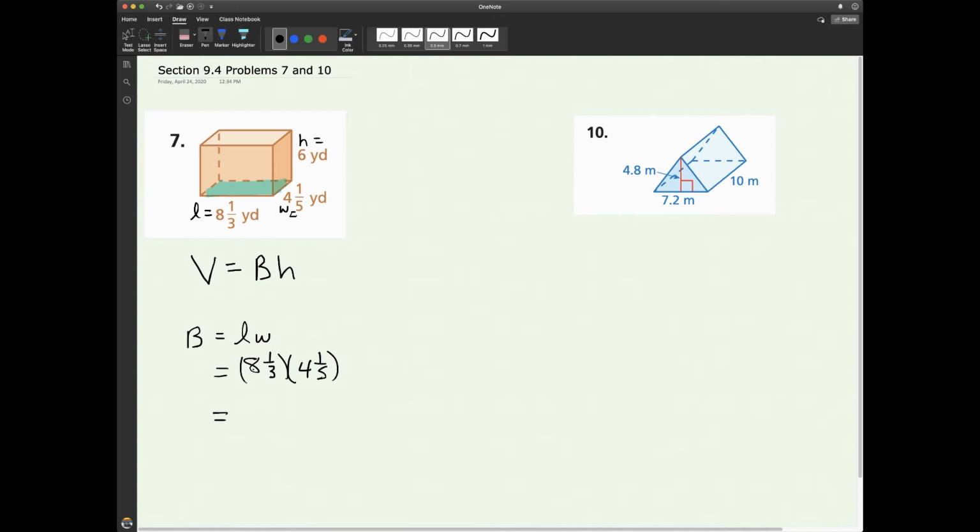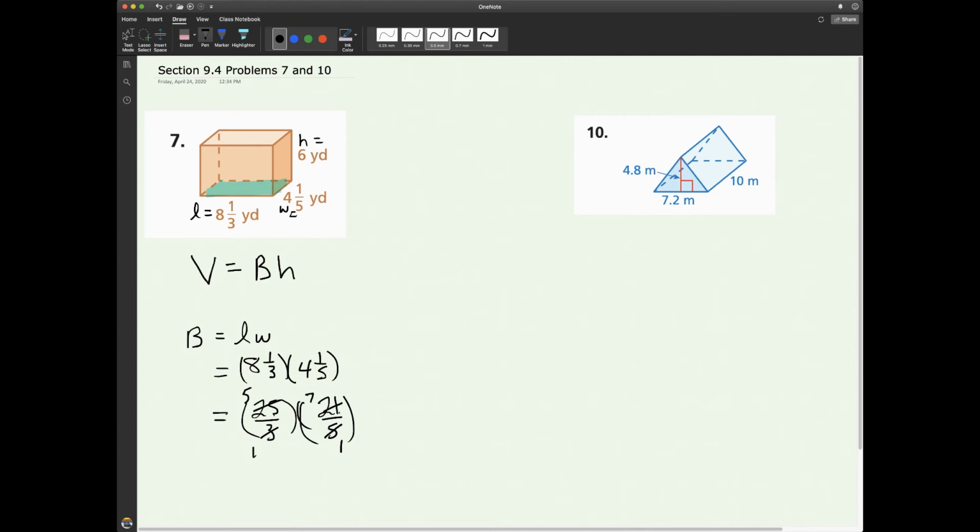So 3 times 8 is 24 plus 1 is 25 over 3. Multiply that by 4 times 5 is 20 plus 1, so I have 21 over 5. Do you see any canceling that can be done? Certainly with the 5 and the 25, also with the 3 and the 21.